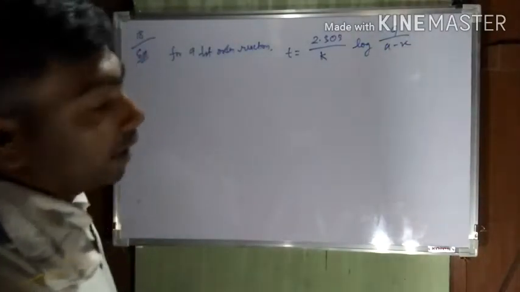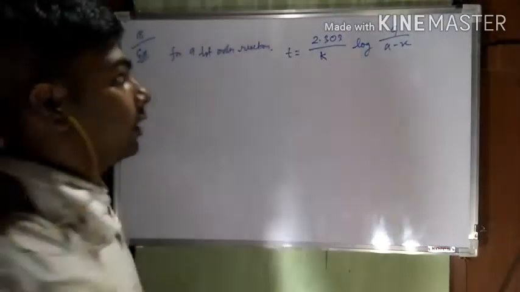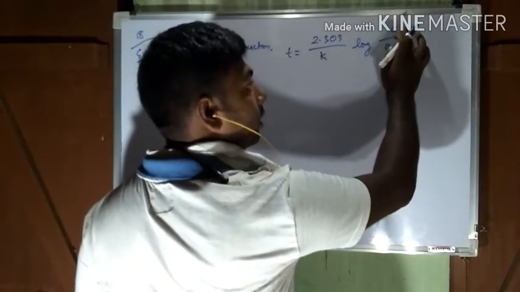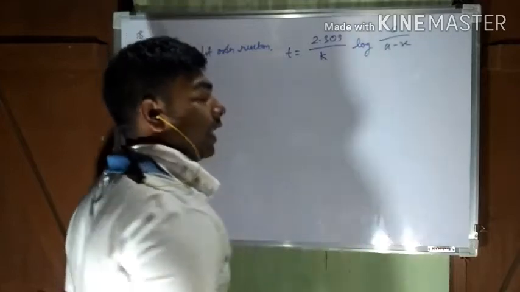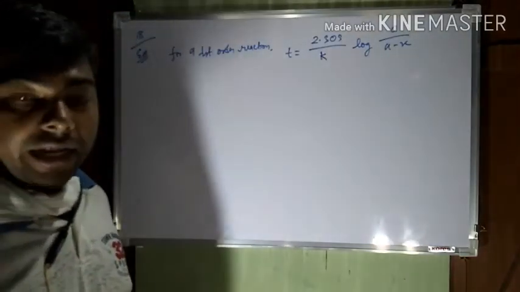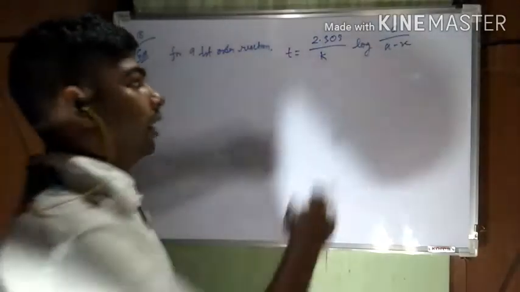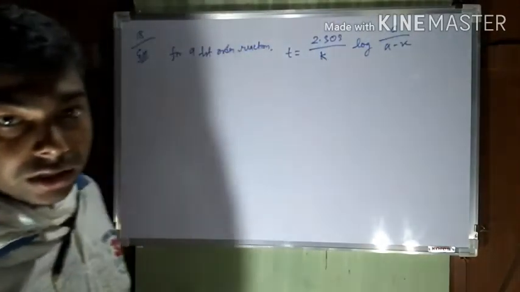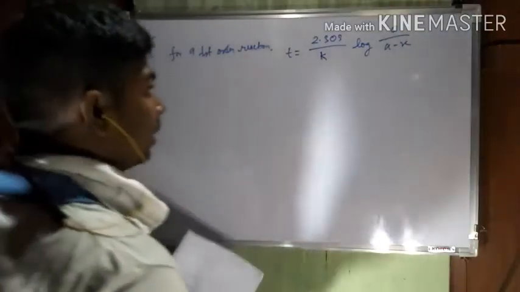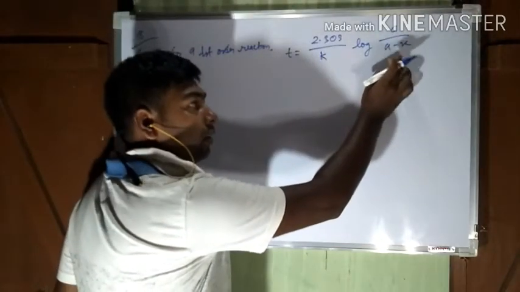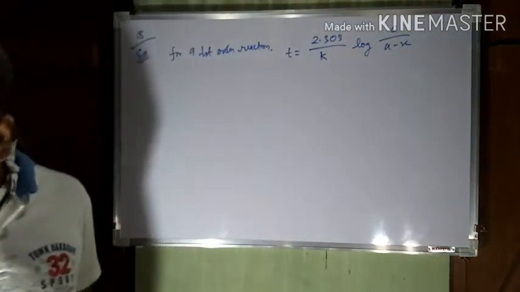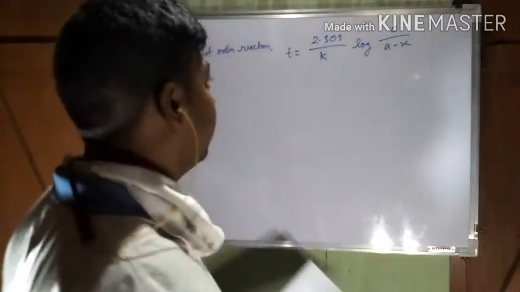Here a is the initial concentration of the reactant, and x is the decrease in concentration of the reactant at time t. You can use R naught by R in place of this. I shall explain how it is the same.